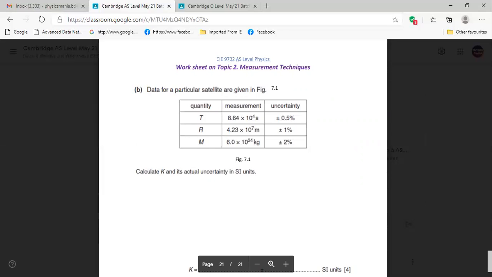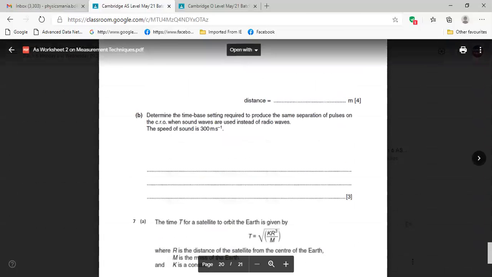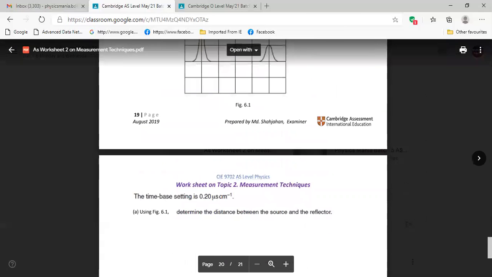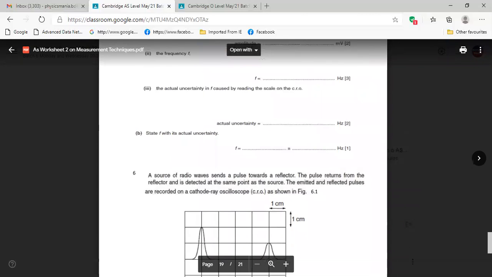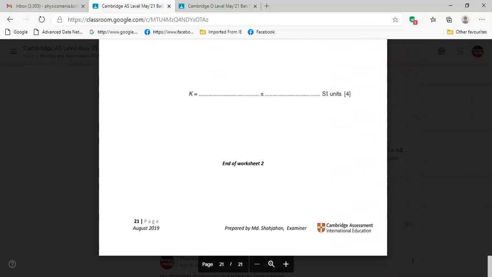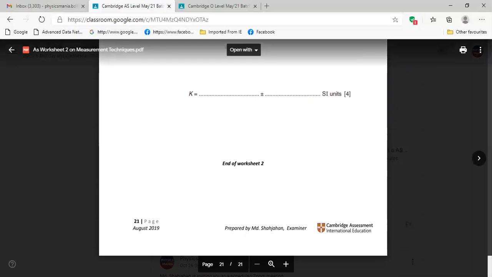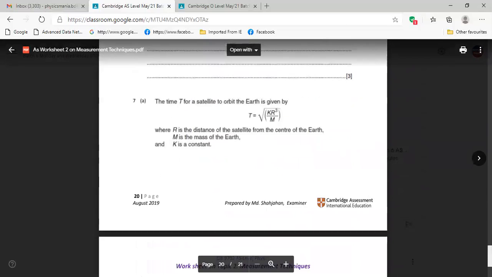So how will we calculate k from this equation? We have to make k the subject. In your question, you see k is here, right?